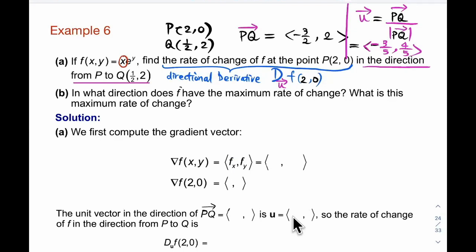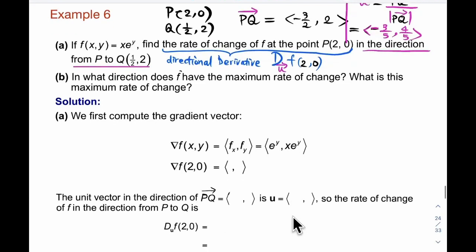What's the derivative with respect to x? e to the y. You got it. Good job. And what about the partial derivative with respect to y? Melanie got this right: it's x times e to the y. Good job.